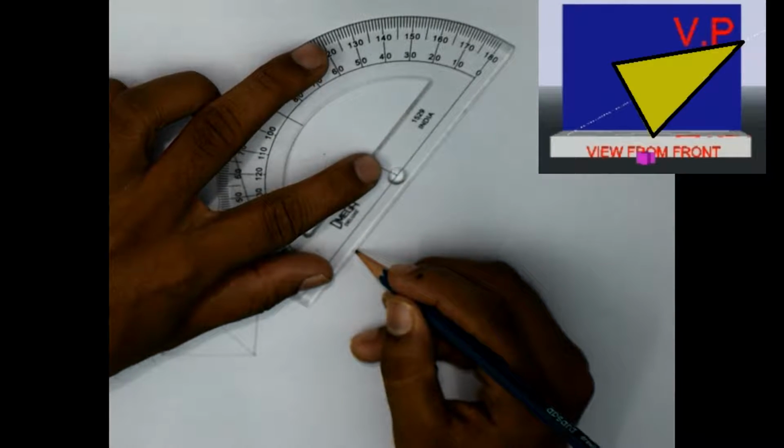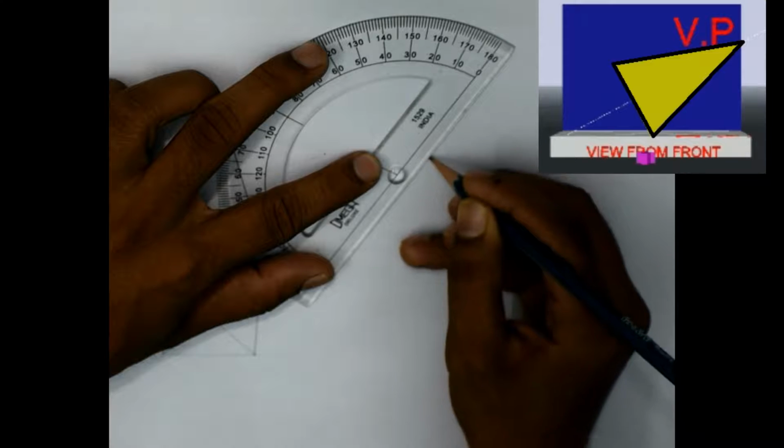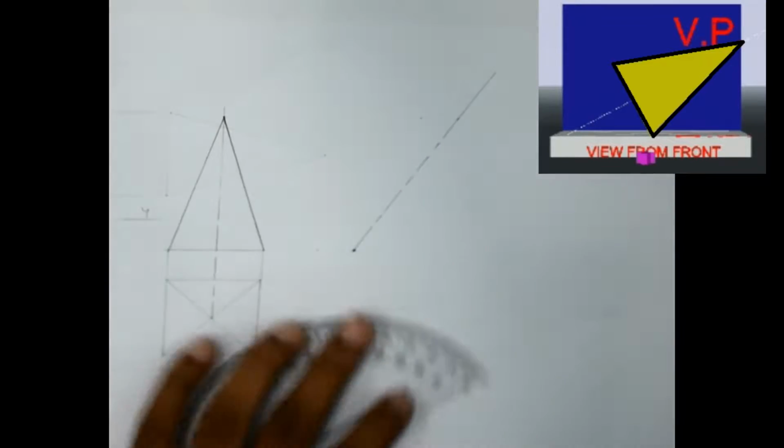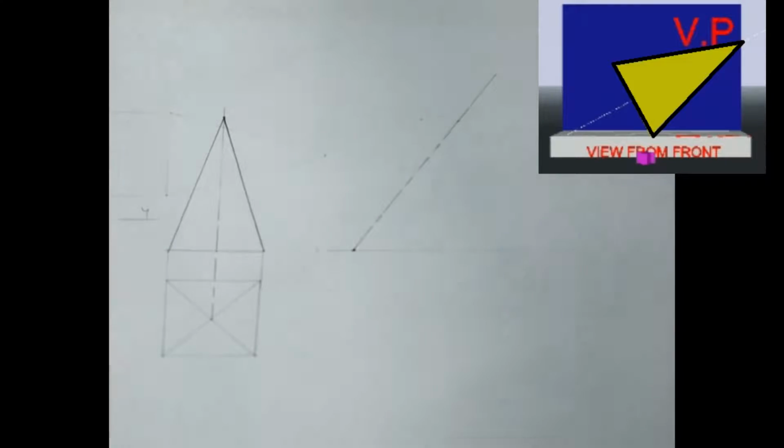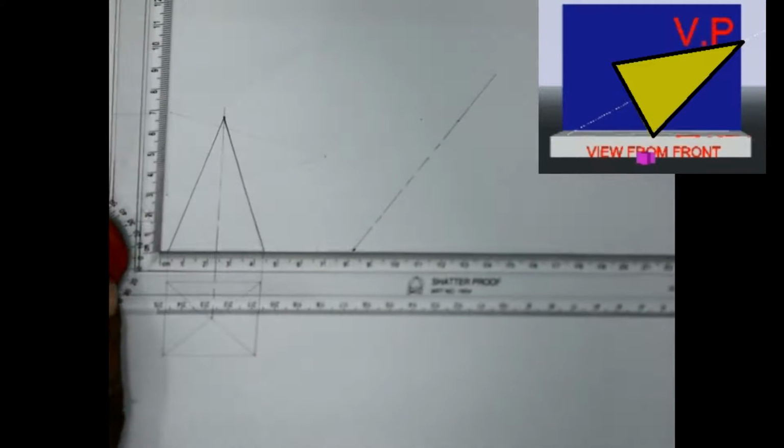So this will be your axis line. This dimension is 40 mm, as we have seen. So we need to draw this 40 mm here.